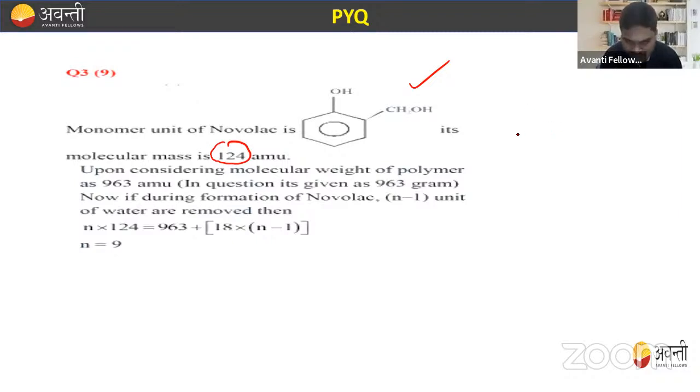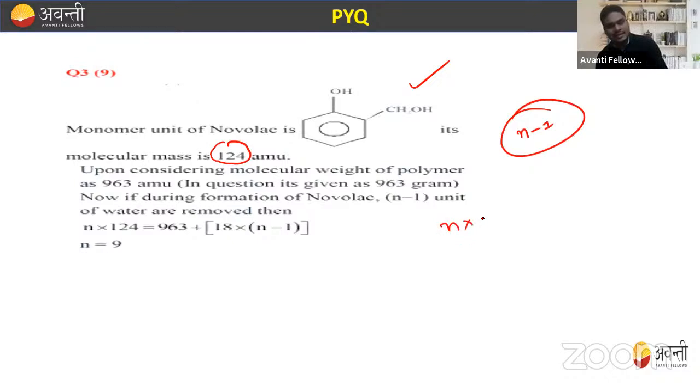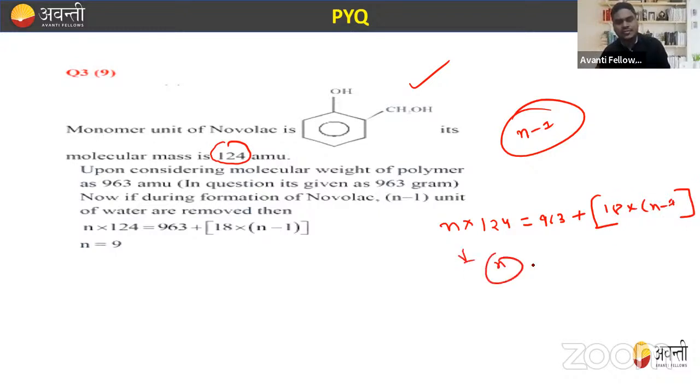So the answer is n into 124 is equal to 963, already given, plus 18 into n minus 1. From here you will get n. So what does n come out to be? 9. So 9 is the correct option, right?